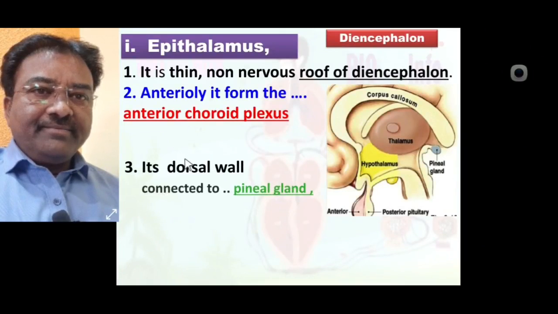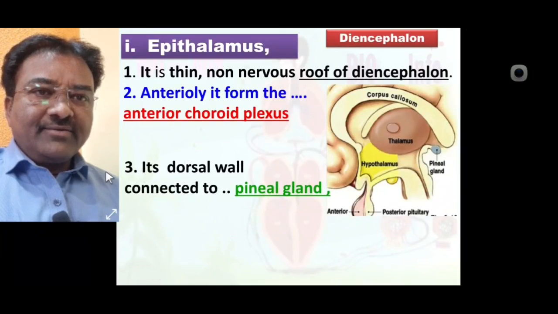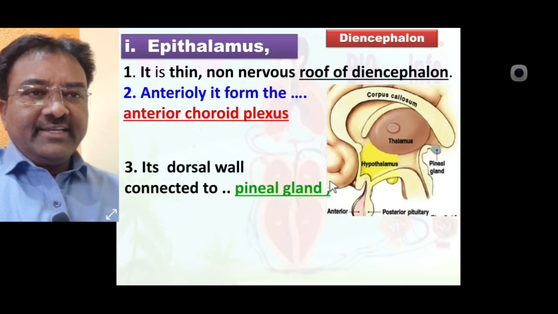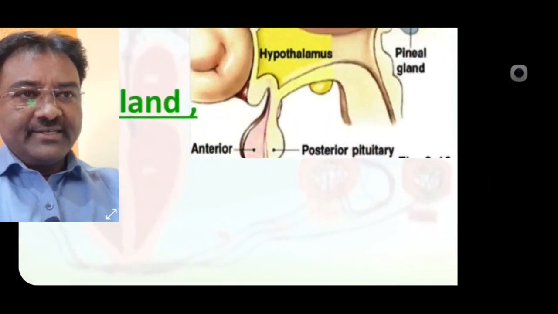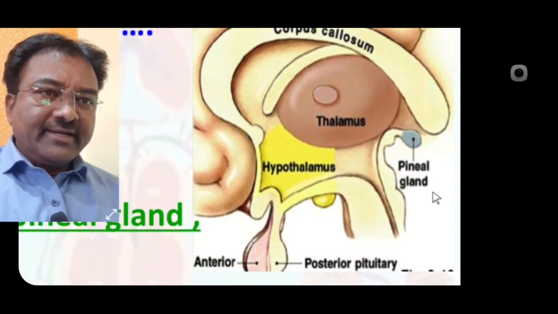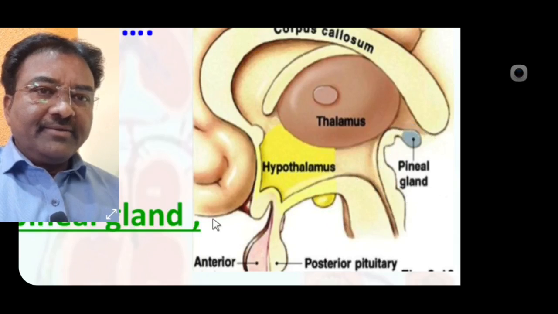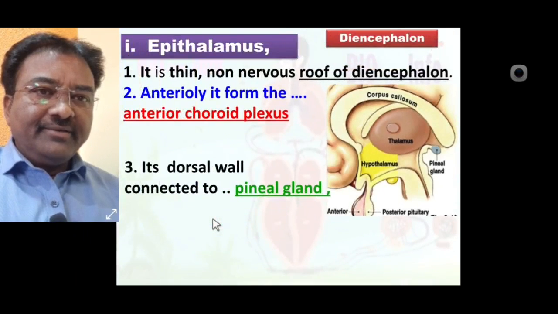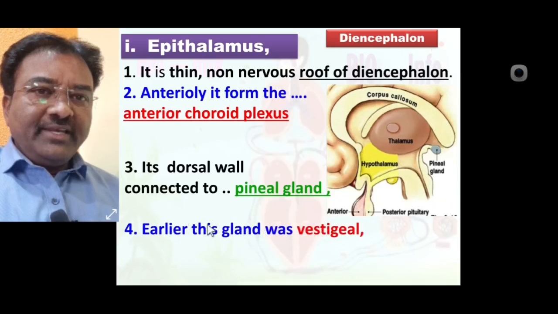The dorsal wall of the epithalamus is connected to the pineal gland, seen here in the diagrammatic representation. This is the pineal gland. No doubt it is an endocrine gland, it secretes hormone.